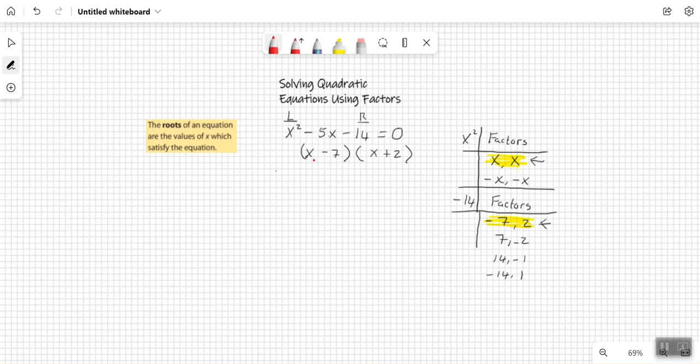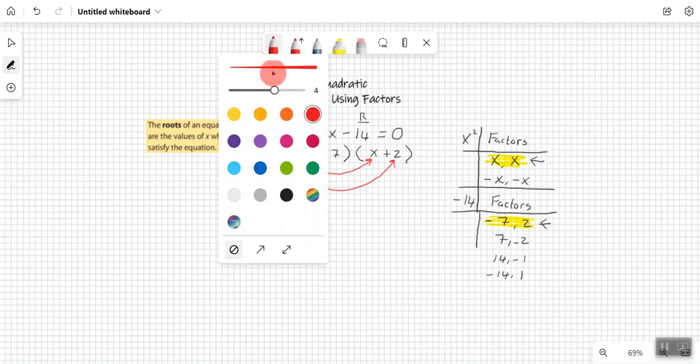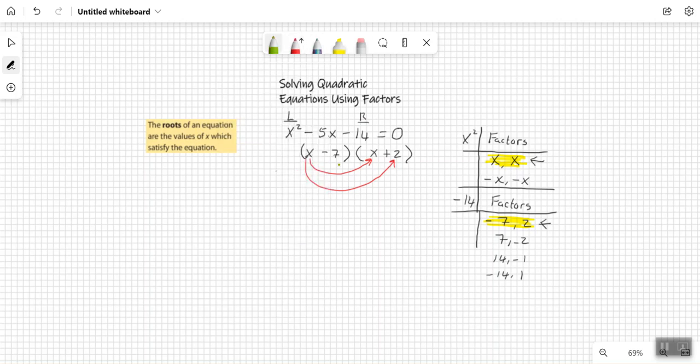So we're going to be multiplying this by this, by this, and then we're also going to multiply this by this and this by this. Okay, so this is the way we multiply it out.